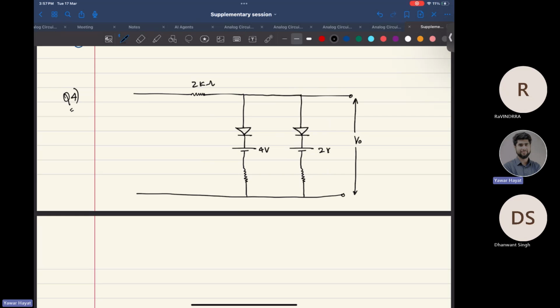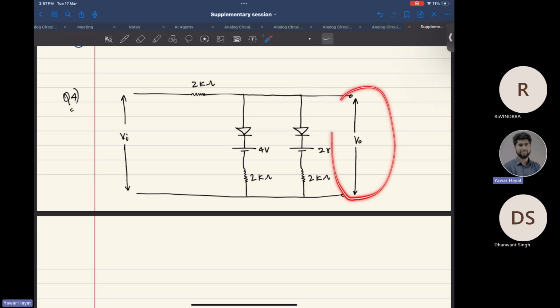Oh, sorry, I was muted. So this is 2 kilo. This is 2 kilo. I'm drawing a circuit currently. And this is VI. Now, for this circuit, let's find this VO. In other words, I want VO in terms of VI.